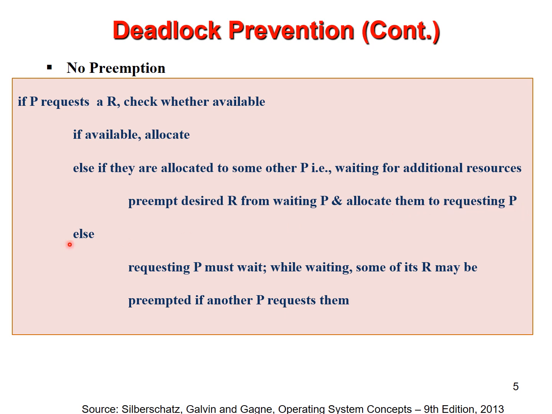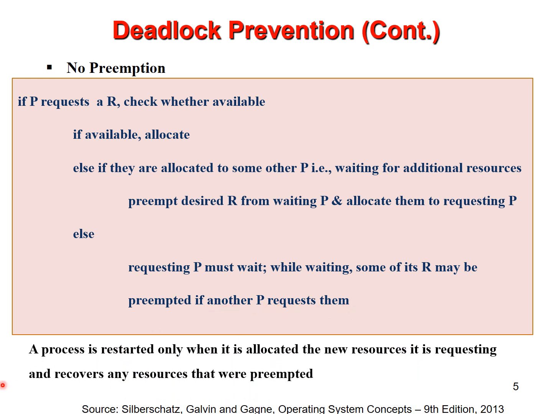Suppose they are not available and they are not allocated to another process, this else condition works. The requesting process must wait. While waiting, some of its resources may be preempted if another process is requesting them. So, a process is restarted only when it is allocated the new resources it is requesting and recovers any resources that were preempted.